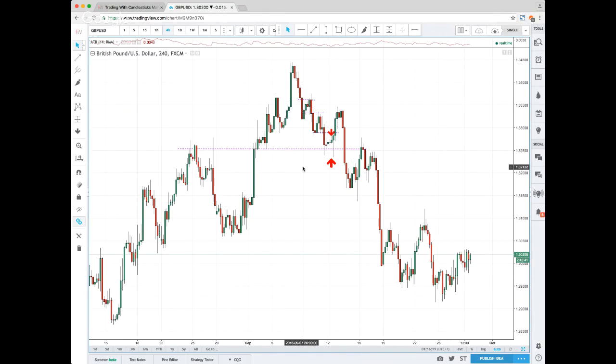So they're looking at these major levels to put in chunks of their money. You know, banks and institutions, they can't move 50, 60 million on a 5-minute chart. They need major levels to play with. Make sense? So far, so good?